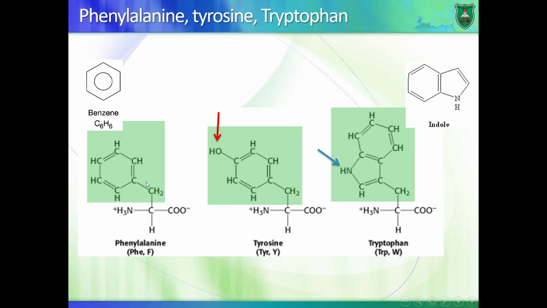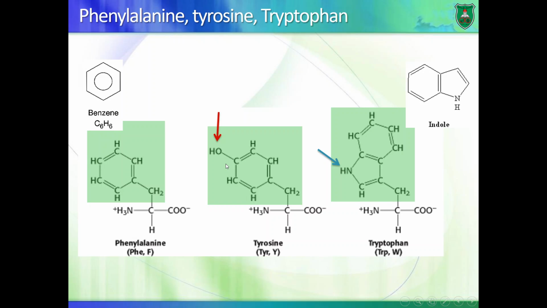Phenylalanine is a rather large hydrophobic molecule, similar to alanine, having one of the hydrogens in the methyl group of alanine replaced by a benzene ring. That's why it's known as phenylalanine. So it's like a phenyl group attached to an alanine amino acid. Its abbreviation is Phe.